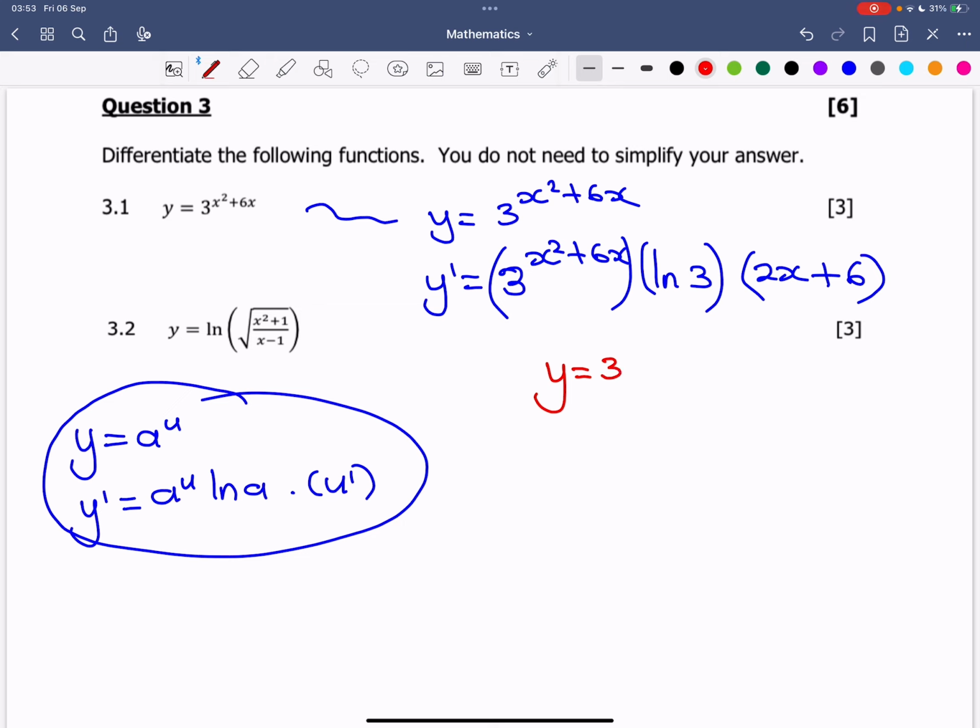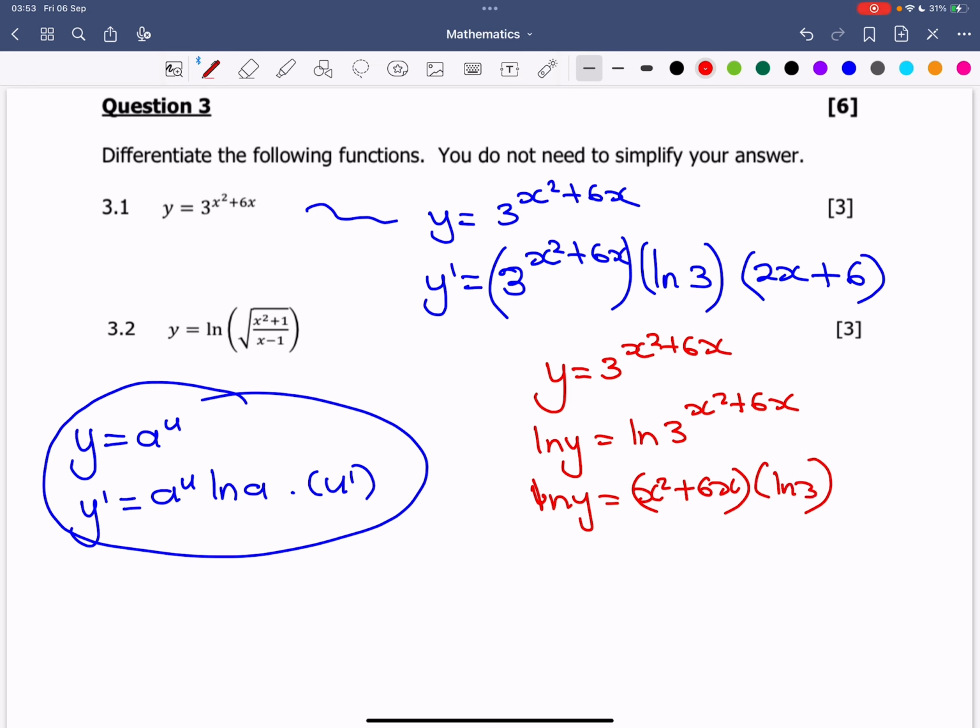This is y equals 3 to the power x squared plus 6x, and then you can take ln on both sides. ln of y equals x squared plus 6x, using the logarithmic rules, and then ln of 3. Okay, differentiating, it's 1 over y, dy over dx, equals x squared plus 6x.